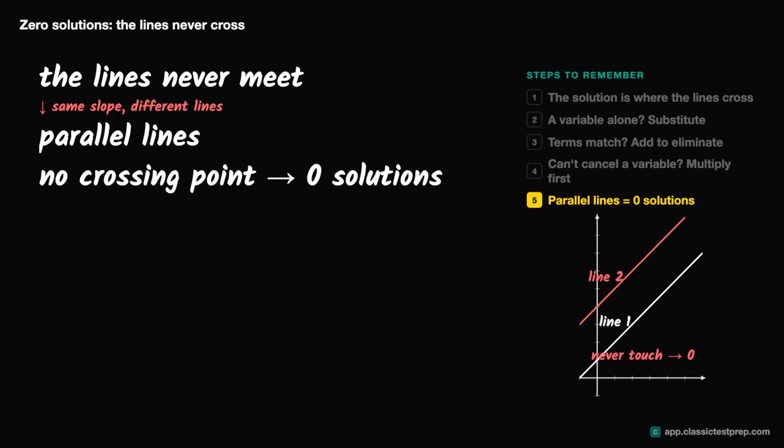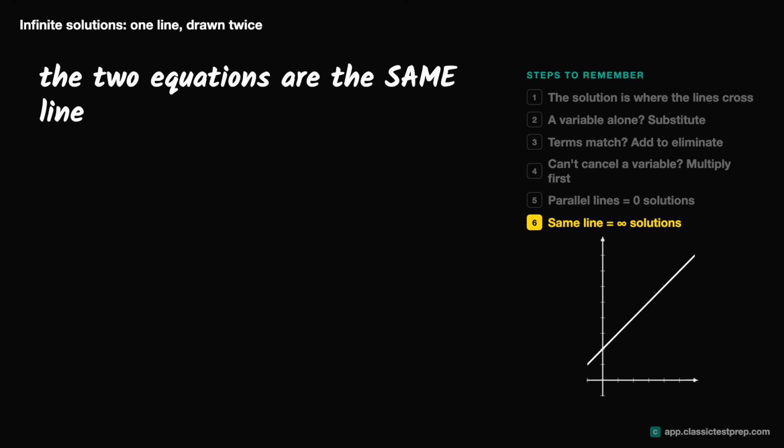The only way for that to be possible is if the lines are parallel. They never meet, they never touch, so there are zero solutions. Infinite solutions just means that the lines are overlapping forever, which is another way of saying they are the same exact line. Now, if you already know this, you're probably bored, but if you don't, this is really important.